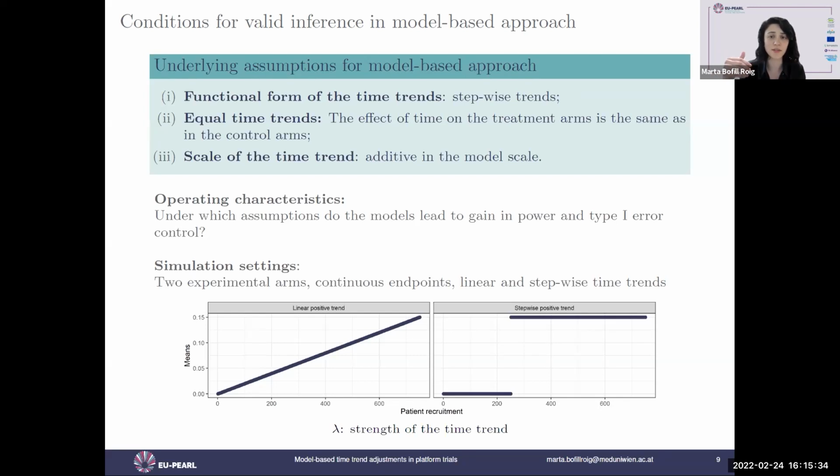The strength of the time trend is given by the slope of this line, which we denote by lambda. When simulating stepwise time trends, the change occurs when we move from period 1 to period 2, and the strength of the time trend is given by the jump from one period to the other. Next slide.